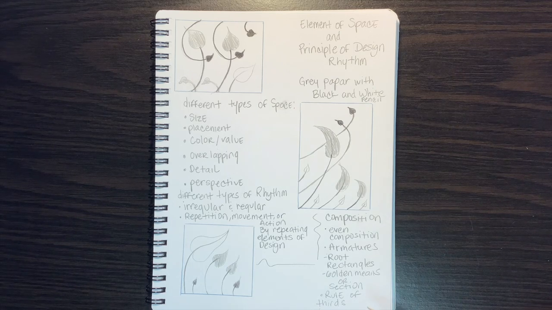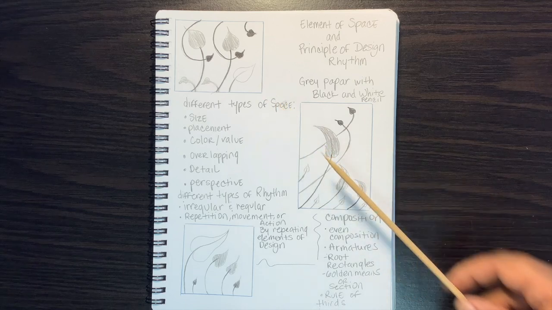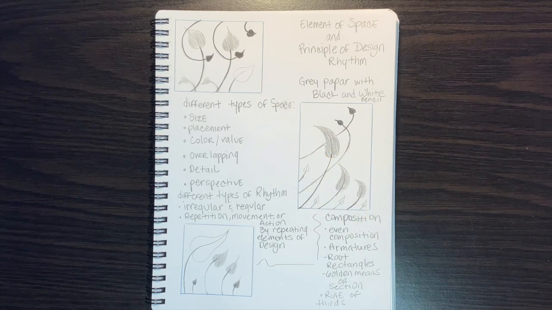When it comes to the rule of thirds, like I said, I didn't really think any of this through, but these two can fall under even composition, or under the golden means. This can possibly fall under a root rectangle, but I don't know, because I would have to draw in the crosshairs for it to make sense with what I'm trying to go for.